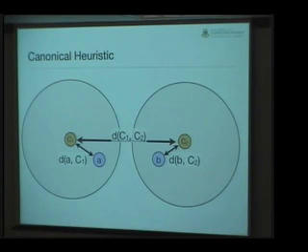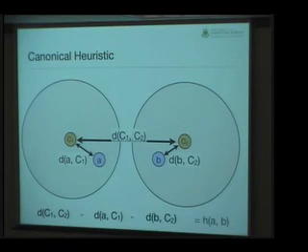And then if I want to build a heuristic, I'm simply going to say: if I know that this is an exact distance, and I know these are exact distances, then I can take that exact distance, subtract the distance from the canonical state, and turn that into a heuristic between the two states. If we use something like the triangle inequality, it will give us a guarantee that this is an admissible estimate.